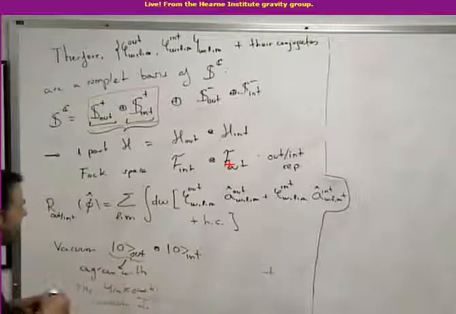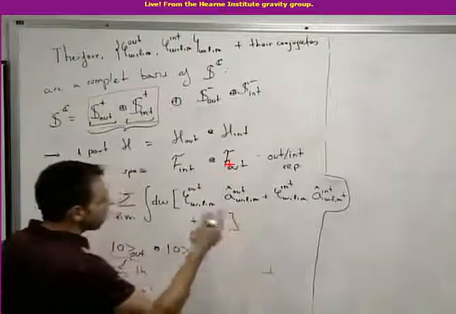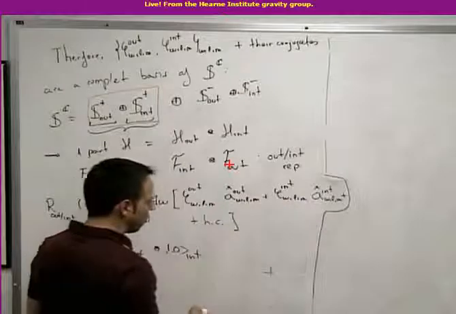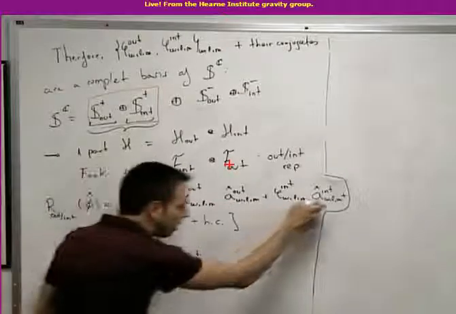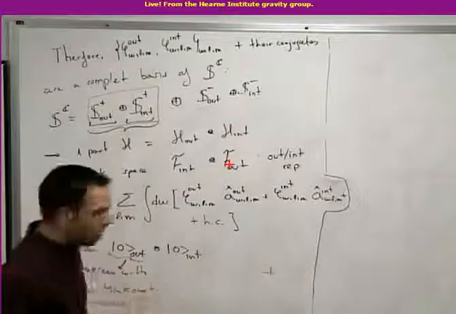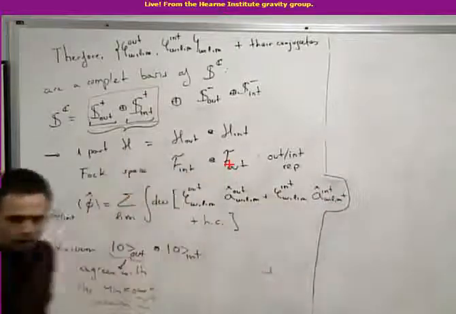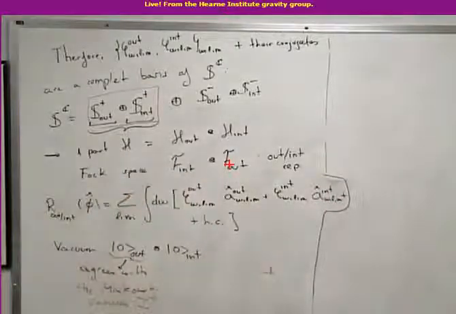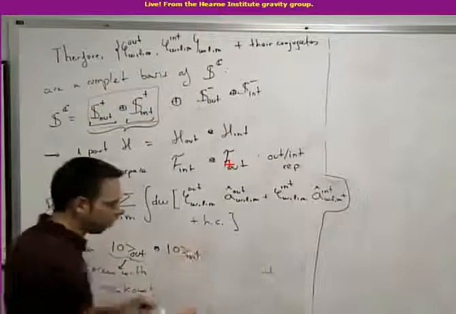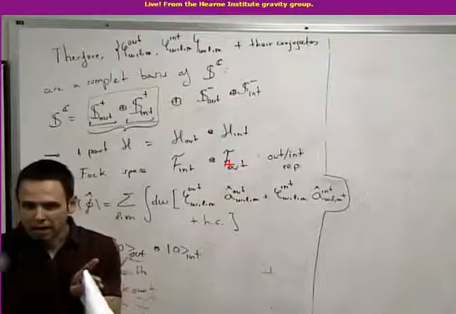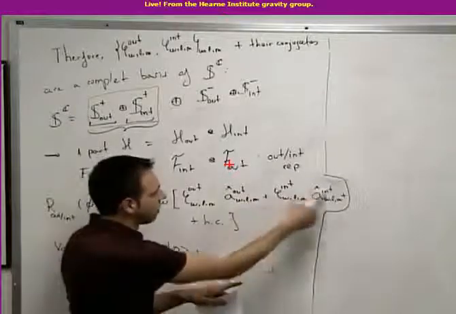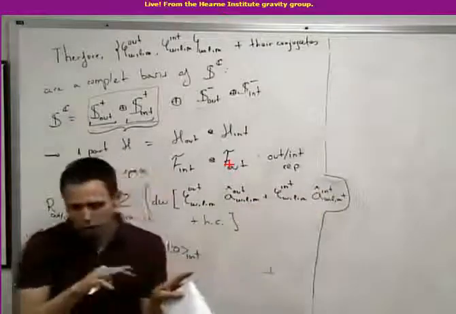Okay, and as you can imagine, the creation and annihilation operators, out with out, have the standard relations. In with in, they have the standard relations, and out with in always commute. Just because, remember, the commutation relations are given by the inner product between the bases that define them, and the bases out and in are orthogonal to each other.